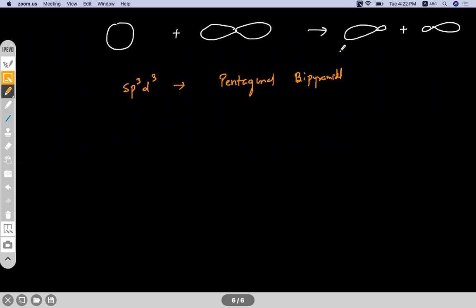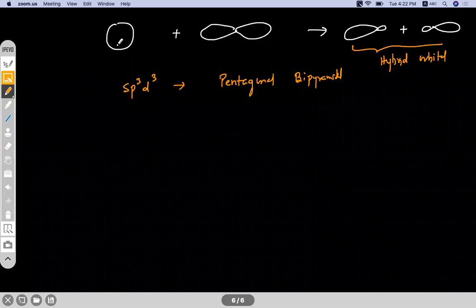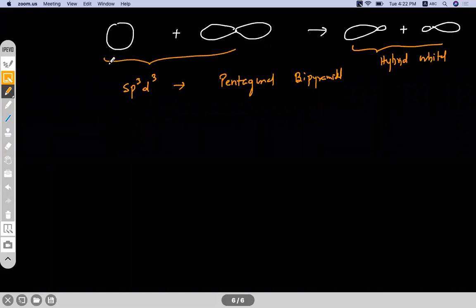Okay, so these are hybrid orbitals, and these are atomic orbitals of the same atom, obviously.